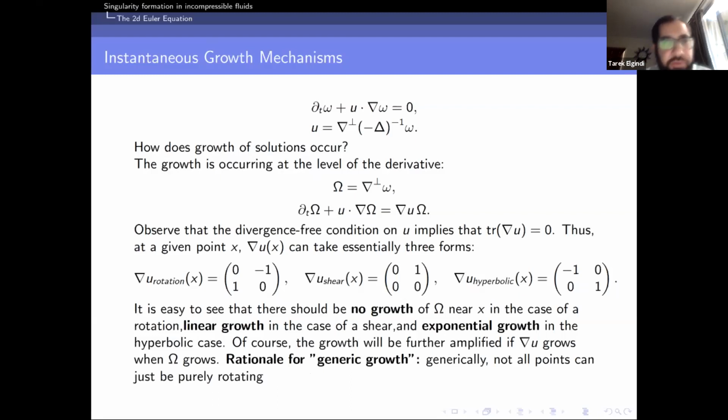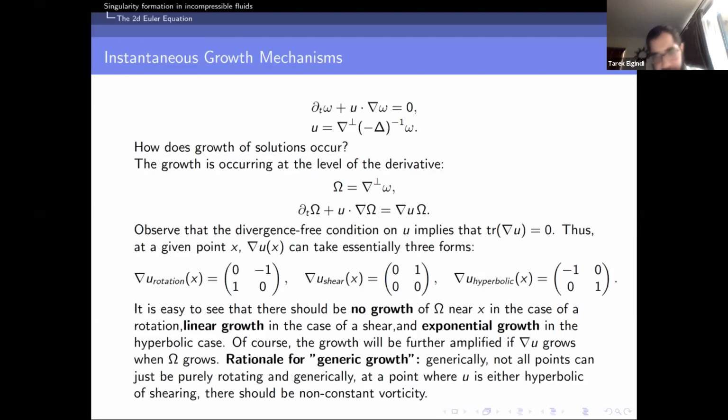The rationale for there being generic growth in the Euler equation, if I can just mention it for a second, is that generically you're not going to have just the first case. Generically, you should have some points in the fluid where there's either shearing happening or hyperbolic structure.